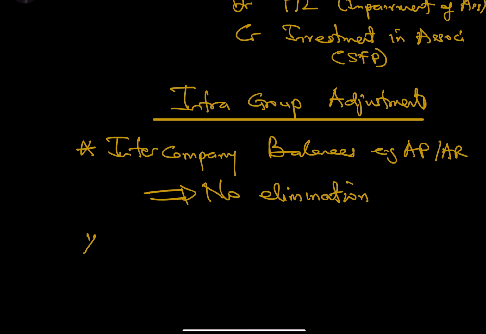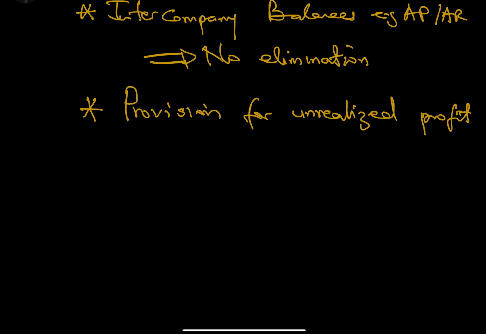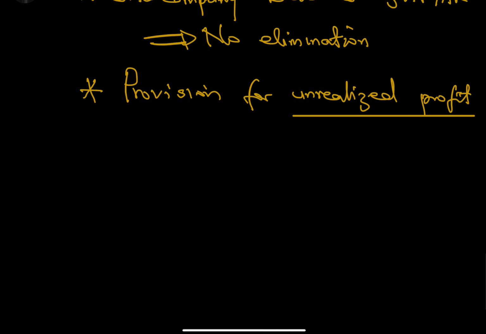Now, the second part, which is very important, is the provision for unrealized profits. This one is very important because now you have to do an adjustment. Remember, there are two ways this can come about. Either the parent sells to the associate.